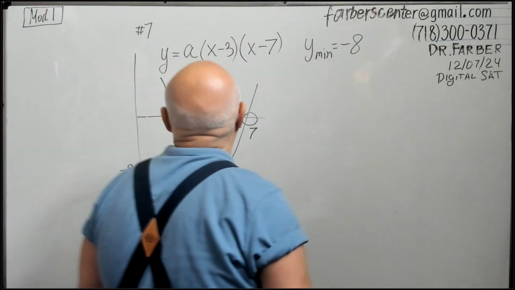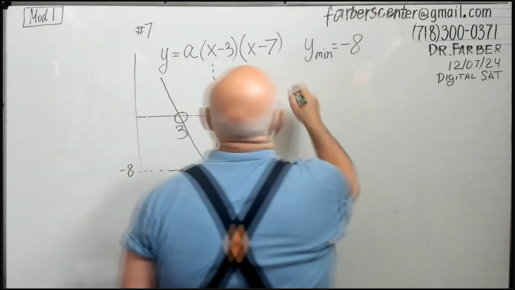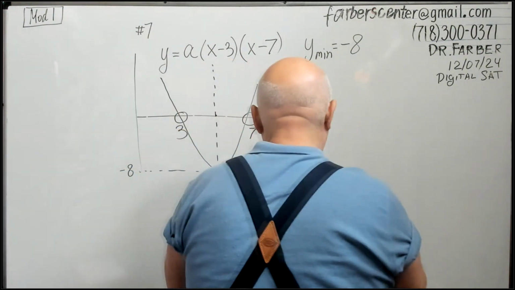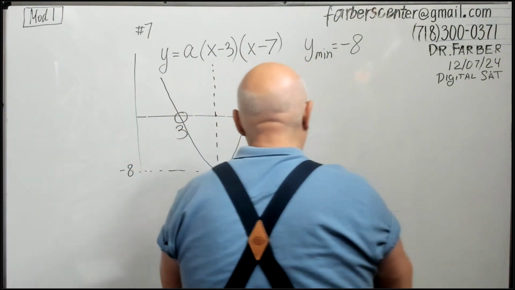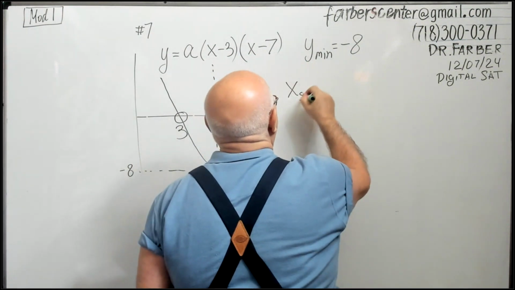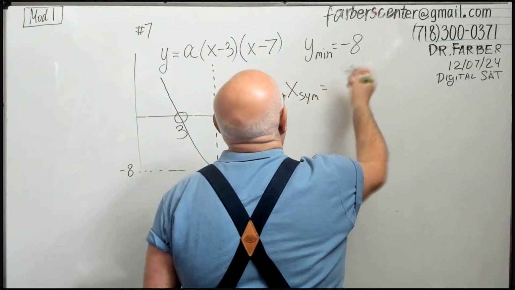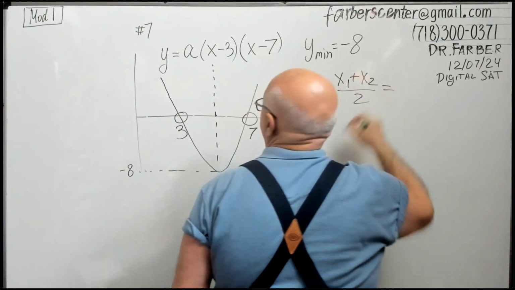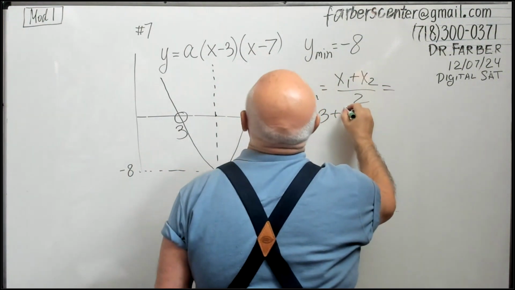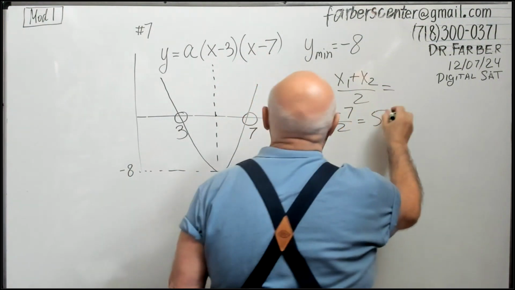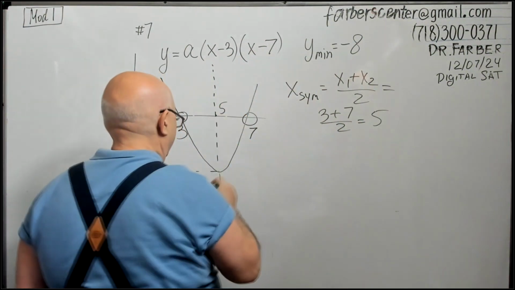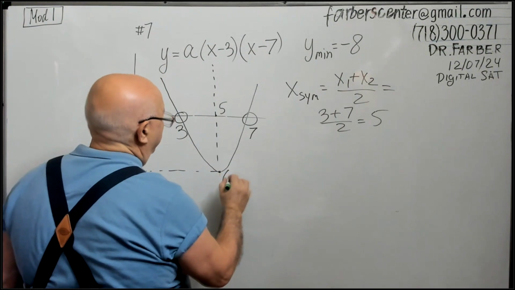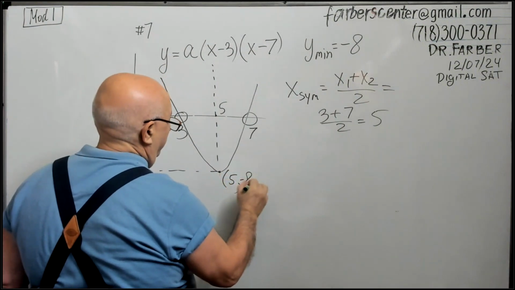This point, based on symmetry, x of symmetry in this case, right? What we have here. They ask you what is value of A? X of symmetry. Midpoint, x1 plus x2 divided by 2, which is 3 plus 7 divided by 2, which is 5. So this is 5. And coordinate of this is 5 and negative 8.